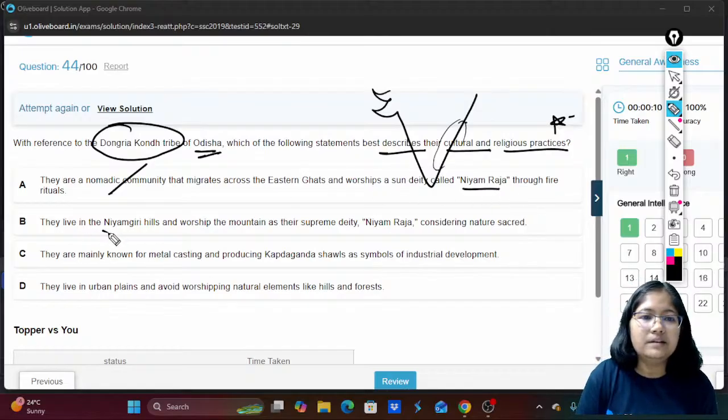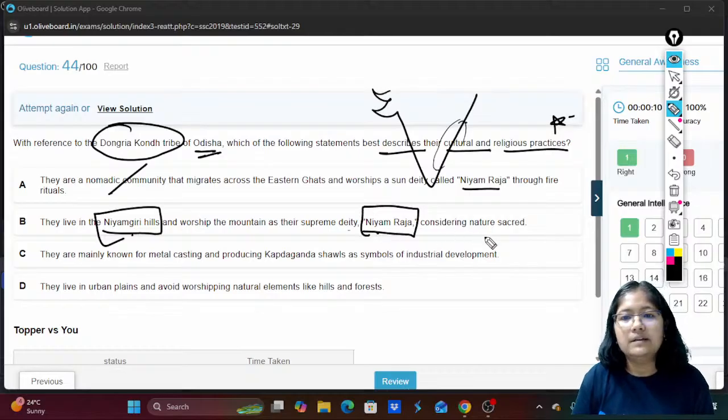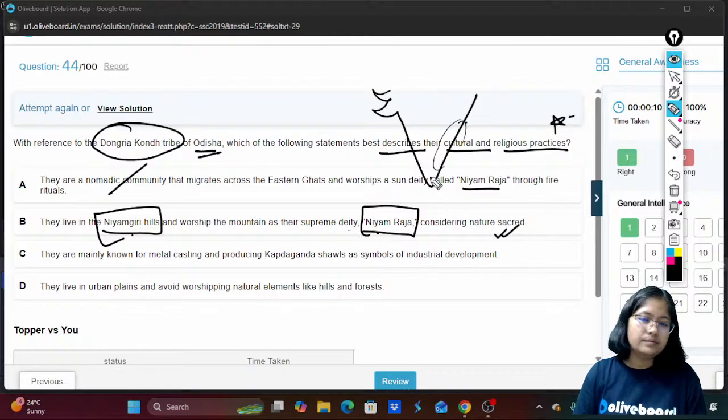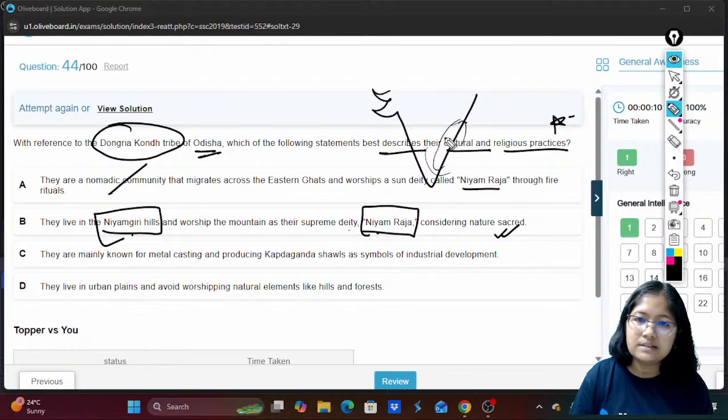They live in the Niyamgiri hills, worship the mountain as their supreme deity Niyam Raja, considering nature sacred. So even without knowing, do you know about a completely nomadic community which migrates across the Eastern Ghats? You have to put up that question, and with that also you can arrive near to the answer that A is not correct here, right? Then they are mainly known for metal casting.